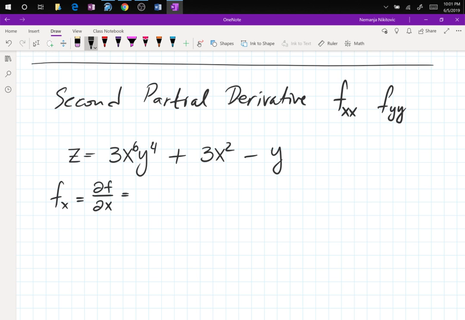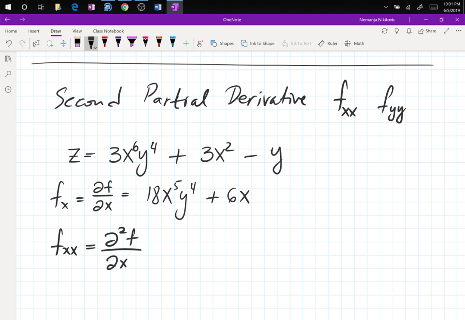To find the partial with respect to x, x is the one that we take the derivative of, so that's 18x to the 5, y to the 4, plus 6x minus 0. So your first partial derivative, and then you go fxx, which is the second derivative of f, dx squared, and that would be 5 times 18, right?